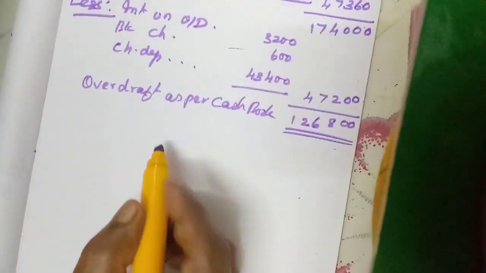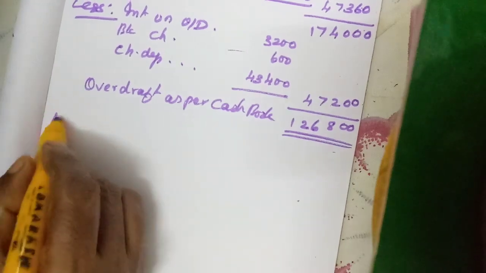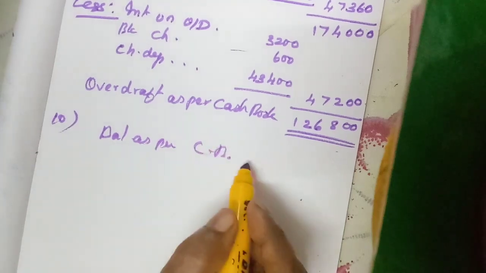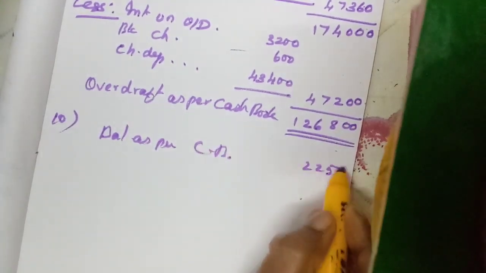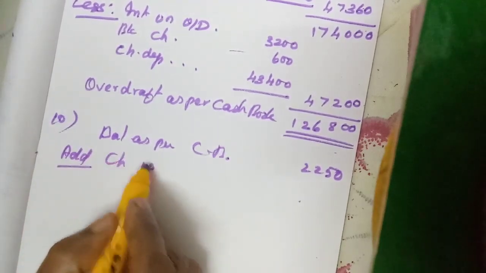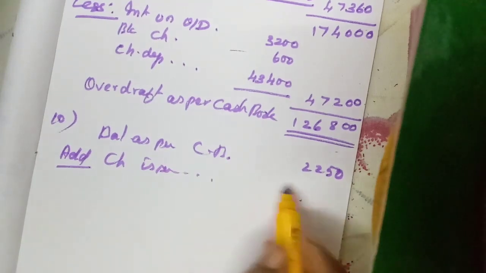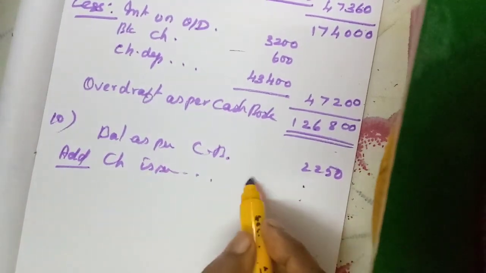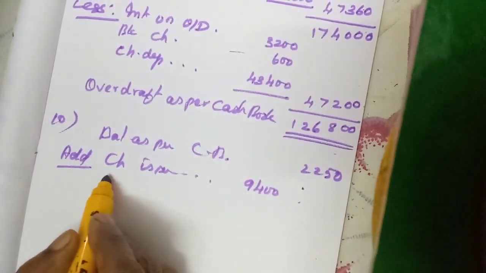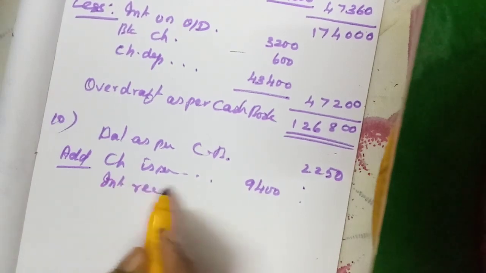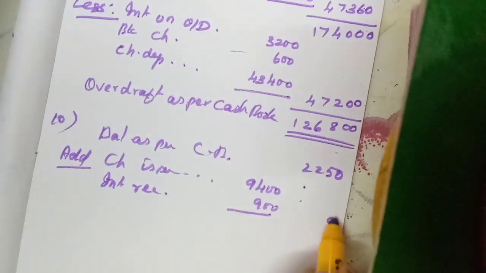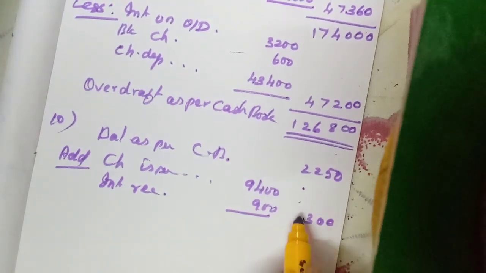So we will write the balance as per the 10th problem. Balance as per cash book. I will do it a little faster, time is up. Add cheques issued but not presented for payment, 9400. Then add interest received by bank, 900. Only two items.